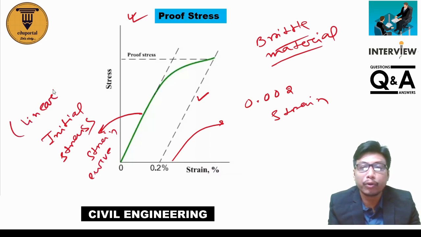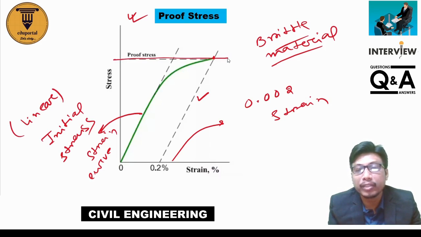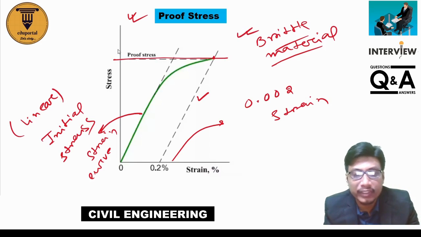The point at which this line intersects the curve is the proof stress. So this point is taken as the yield point for brittle material. Okay, so these are the common questions they ask from the stress strain curve.